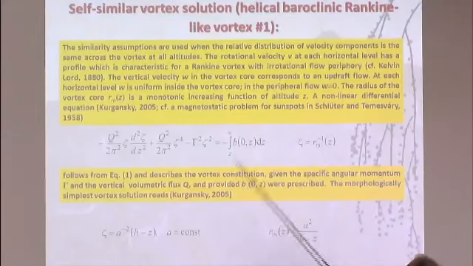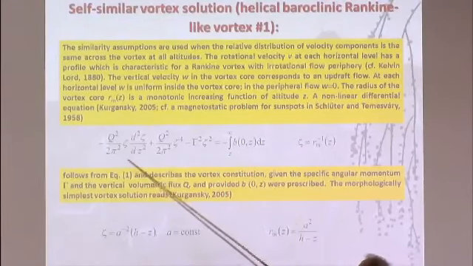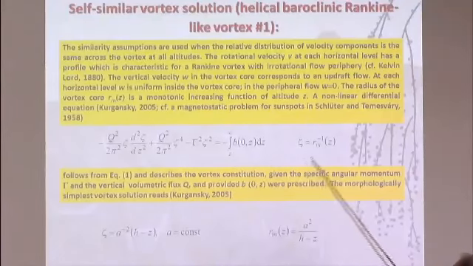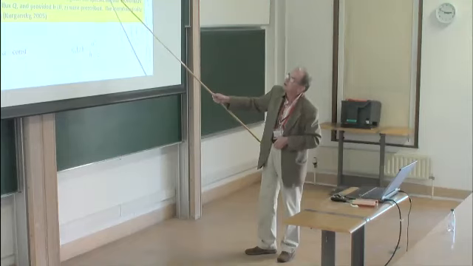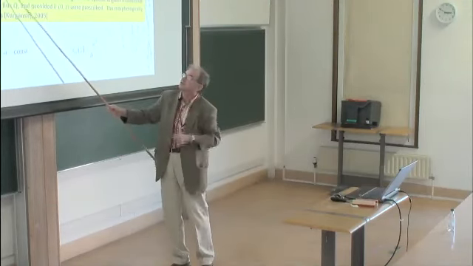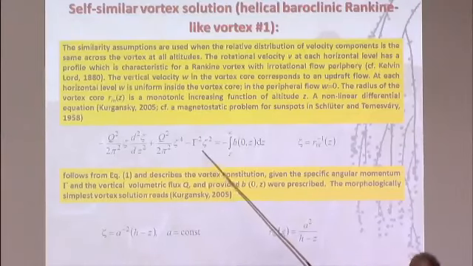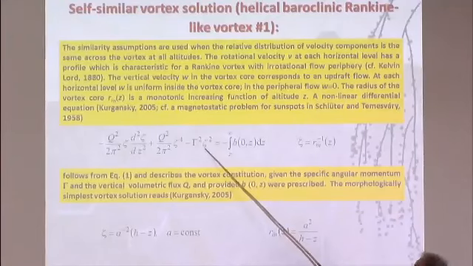So in this case, you can arrive at this nonlinear equation, which relates the shape of the vortex, which is codified in this variable zeta. It's the reciprocal of the radius of maximum winds. So Q is the volumetric flux through the vortex, constant, and gamma is axial momentum, so it's Kelvin circulation divided by 2 pi.